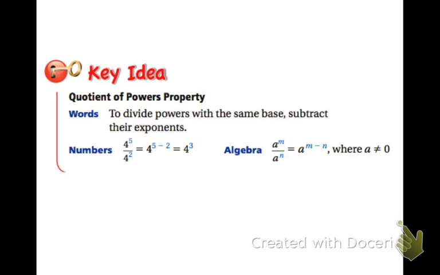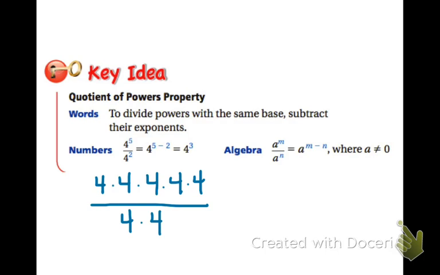If we have 5 factors of 4 in the numerator, and we divide by 2 factors of 4 in the denominator, you're used to the fact that 4 over 4 is equal to 1, so you can cross-cancel these. What are you left with? 3 factors of 4.